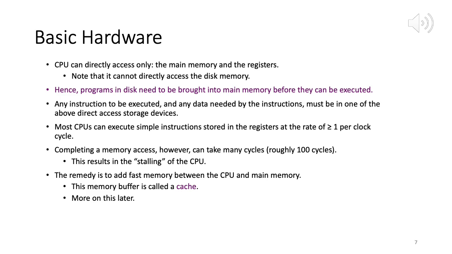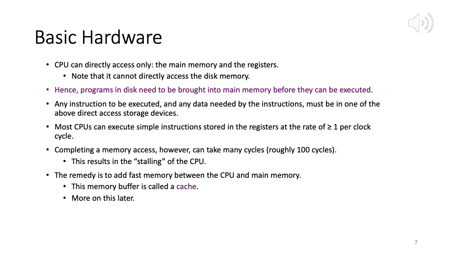per clock cycle. However, when you want to access the memory, completing a memory access can take many cycles, let's say perhaps 100. As we studied in chapter 1, we have a memory hierarchy: the registers are fastest, followed by perhaps cache, then main memory, then disk.